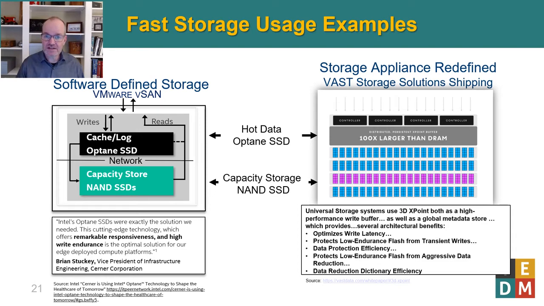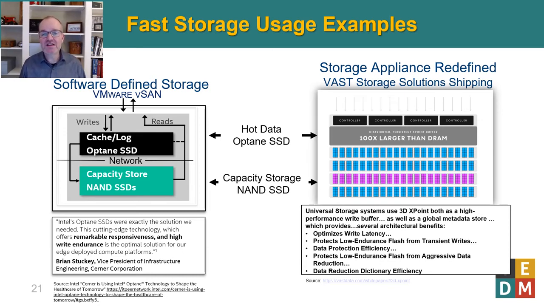Writes that come over the network are immediately written into the Optane SSD, the one built from 3D XPoint, and those writes can commit very quickly, allowing the commit to go back over the network, calling it done, because it is. But then as data is collected in those Optane SSDs, it can then be deduplicated, it can then be compressed, and then stored across the NAND SSDs, which sit in the same appliance that they're creating.